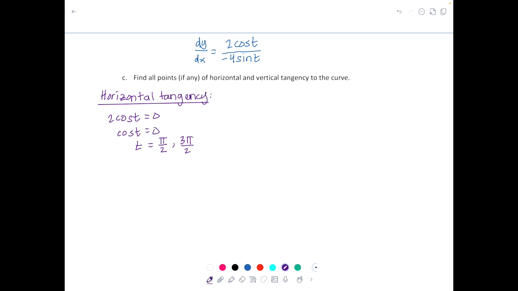Now, we are supposed to find the points where this happens, right? So if you recall, x was originally 4 cosine t, and y was equal to 2 times sine at t.